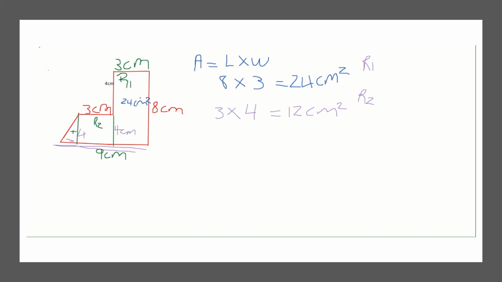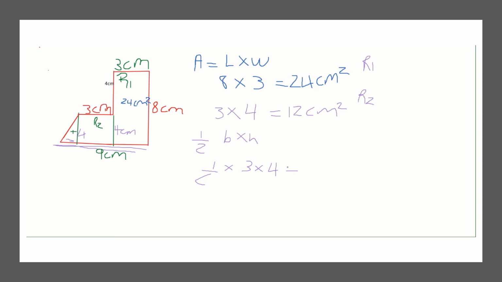So we can go ahead and find the area of our triangle, and that's half base times height. Our base is 3 centimeters, so we have half times 3 times our height, which is 4 centimeters.